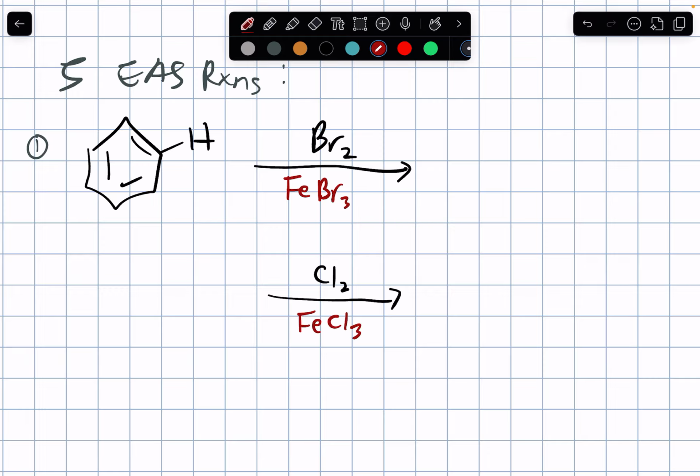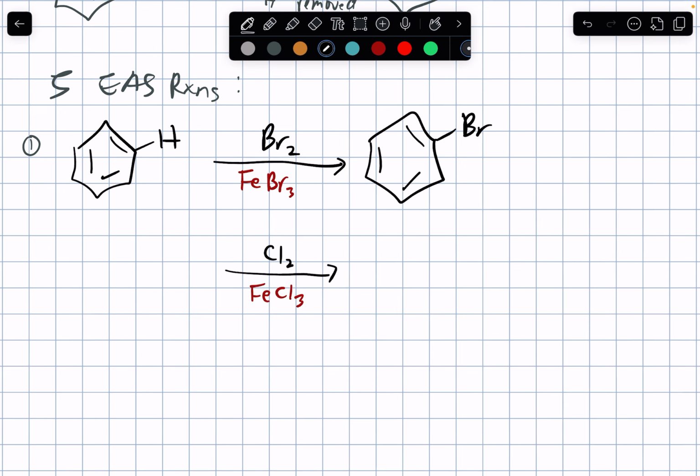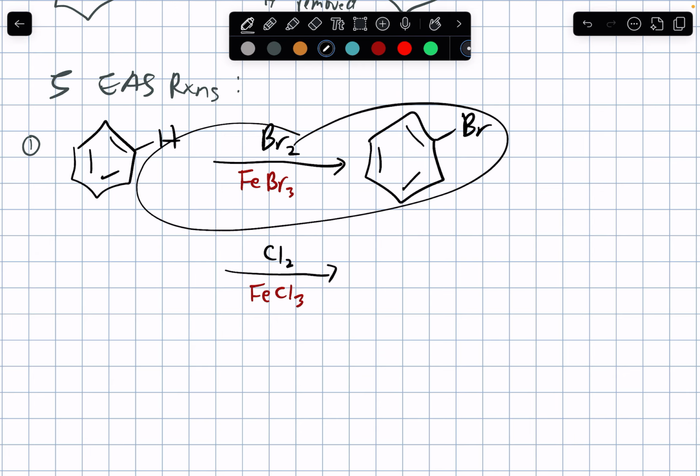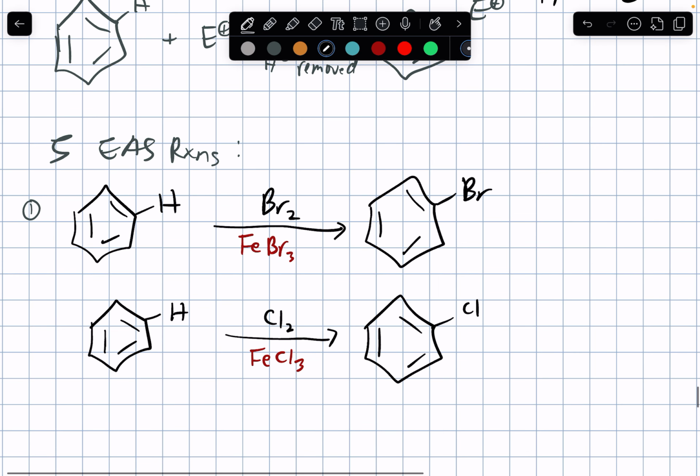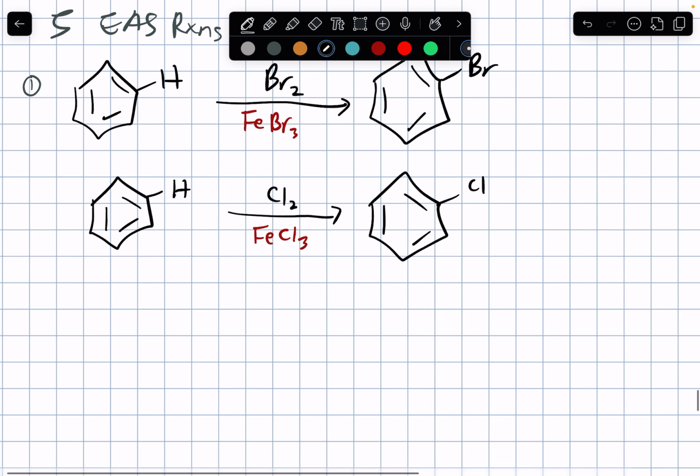So this is FeCl3. So the product is going to be this. Okay? There's something else, but what matters is this only. So these are two halogenation reactions.